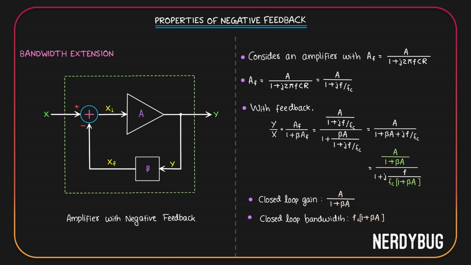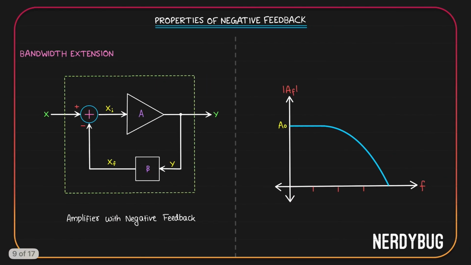This is not surprising to us at all because we have already learned gain bandwidth product is a constant. In fact, we also know that this constant is equal to the unity gain frequency. So forget all that. The point is, when negative feedback was added, bandwidth got multiplied by a factor 1 plus beta A, which means negative feedback helps in bandwidth extension in an amplifier.